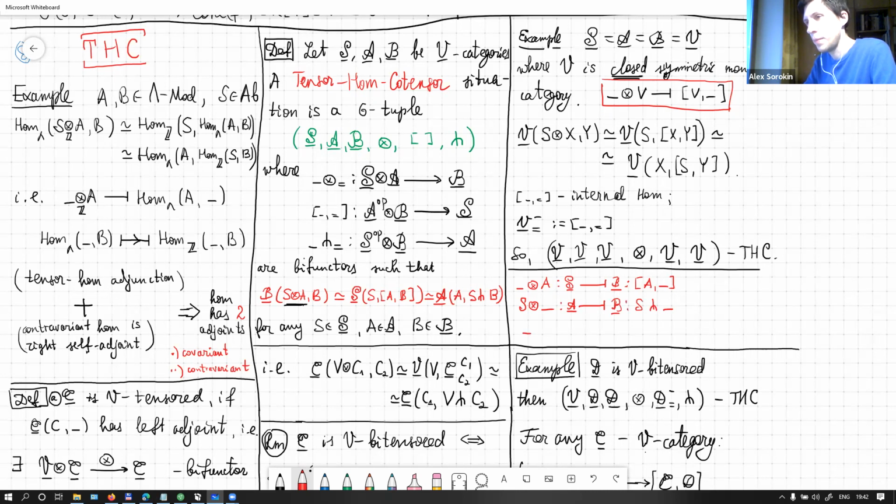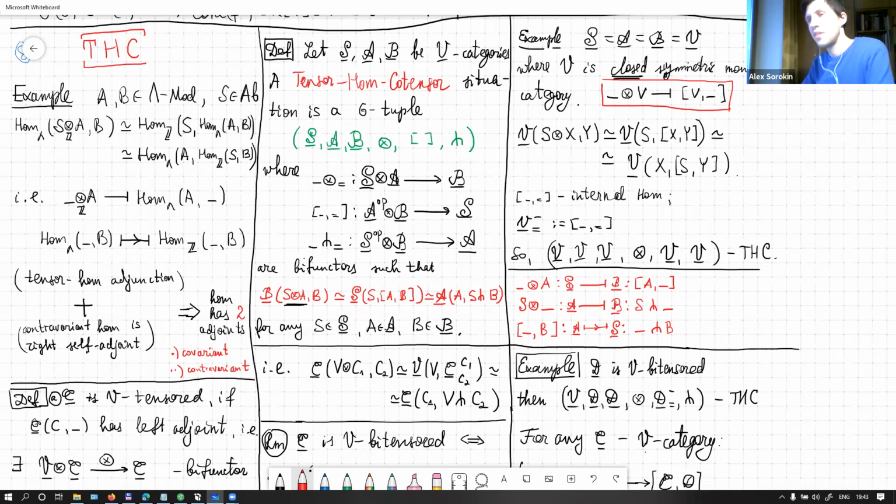If I fix B, here I will have Hom blank comma B, and on the other side I will have blank cotensor B. Both functors are contravariant, so I'm just writing, without ops, a contravariant adjunction from A to S. So here are two covariant adjunctions and one contravariant, and they're all joined by this triple isomorphism.